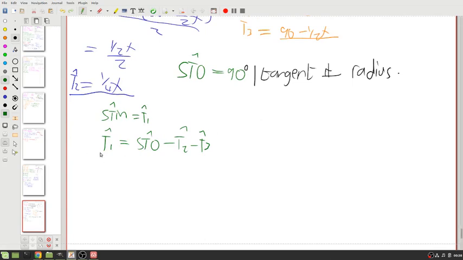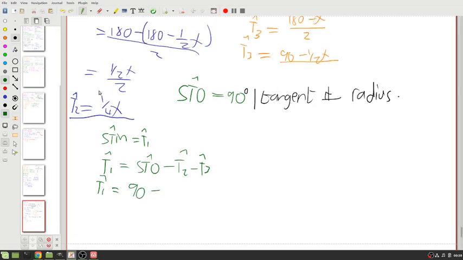So T1 equals 90, minus T2, which is a quarter x, minus T3, which is 90 minus half x.